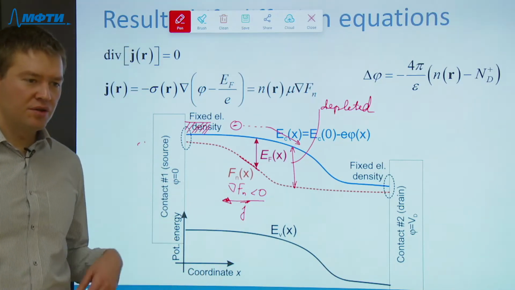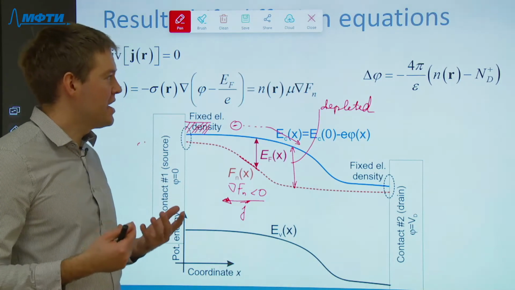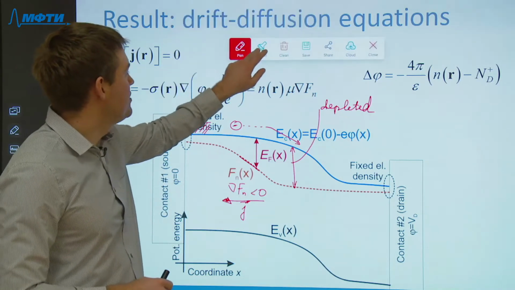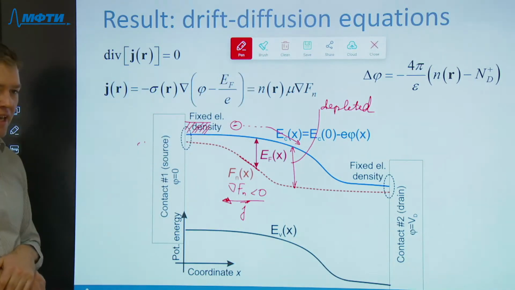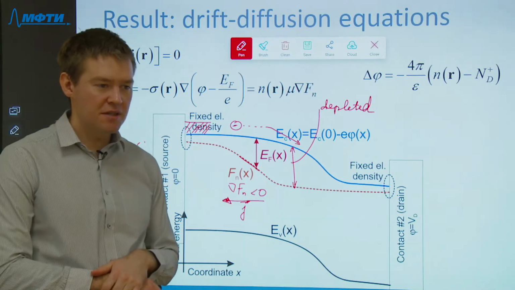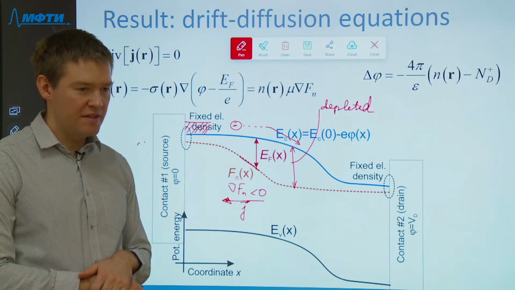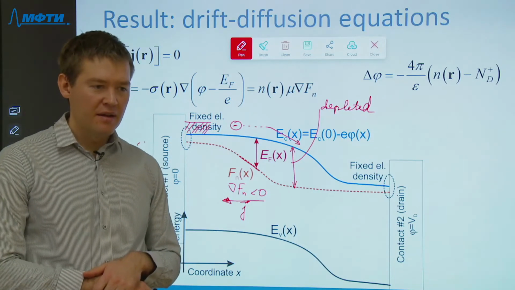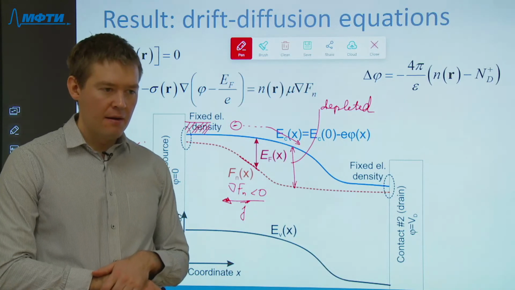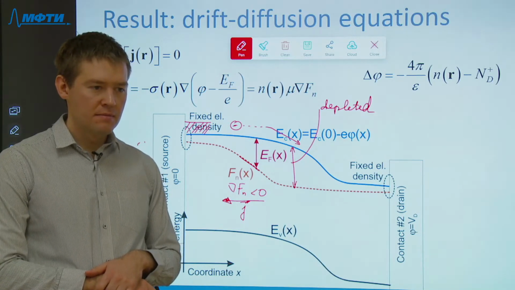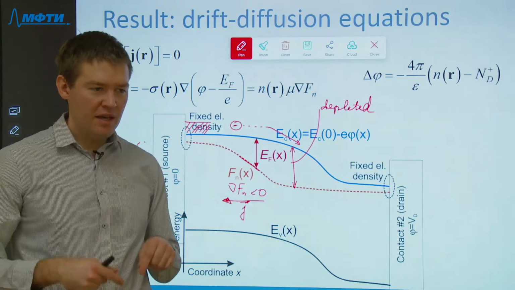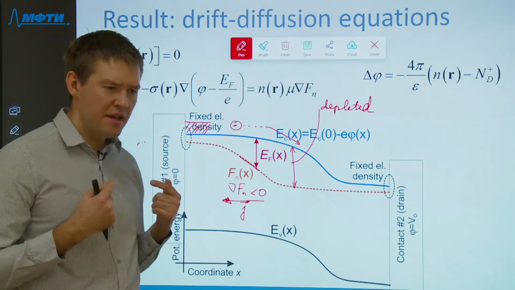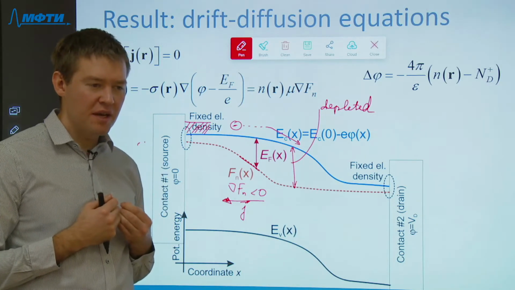But I have also shown this picture to raise the problem of boundary conditions in the drift-diffusion equations. How many boundary conditions do we need to solve this system of equations, and what are they? You can think about the order of differential equations that appear here and how many unknown functions we have here.